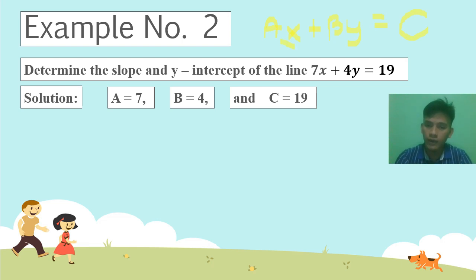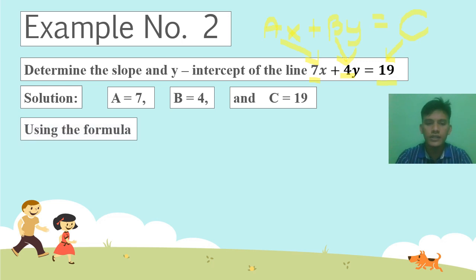So a can be found here, b will be found here, and c is found here. That's why our a is 7, our b is 4, and our c is 19. Those are the given values.